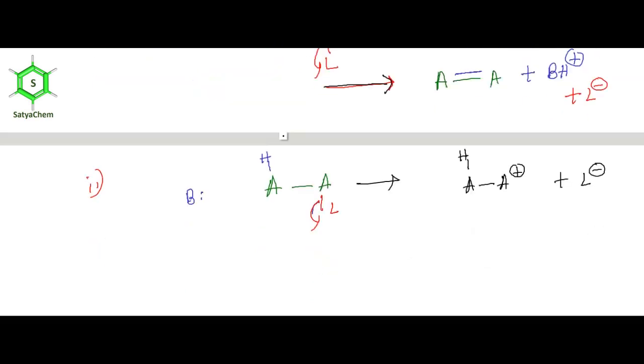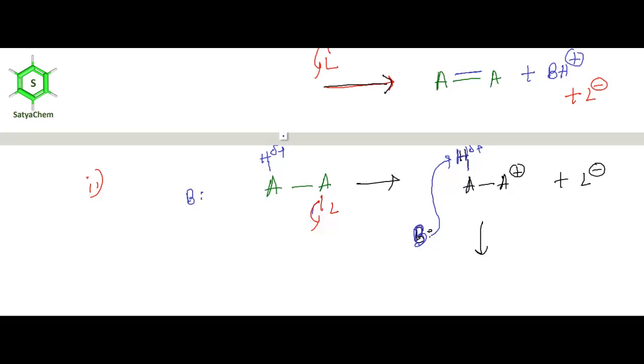Now A bears a positive charge, so obviously A wants to be neutral. How will it become neutral? B carries a lone pair, and we know that H carries a delta positive charge. Now B abstracts H delta plus as H plus.